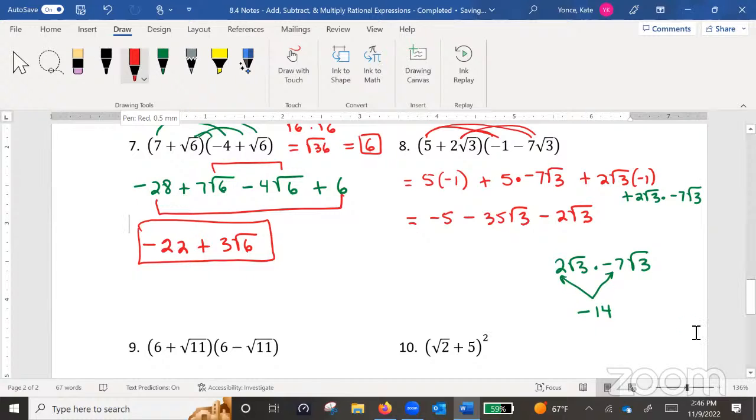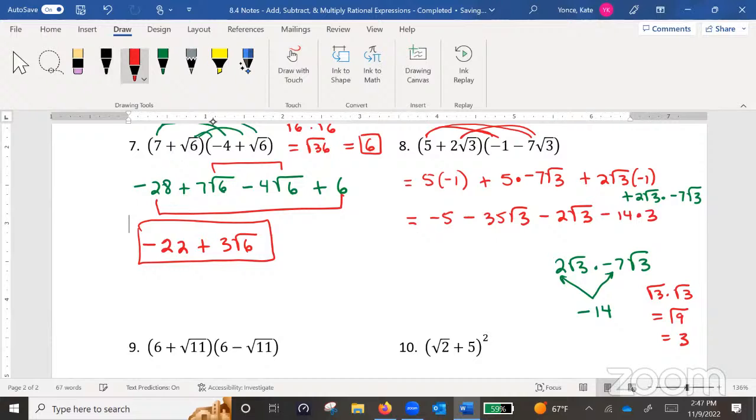Okay, so 2 times -7 is -14. Square root of 3 times square root of 3 is square root of 9, which is 3. Remember, a radical times itself? So -14 times 3.